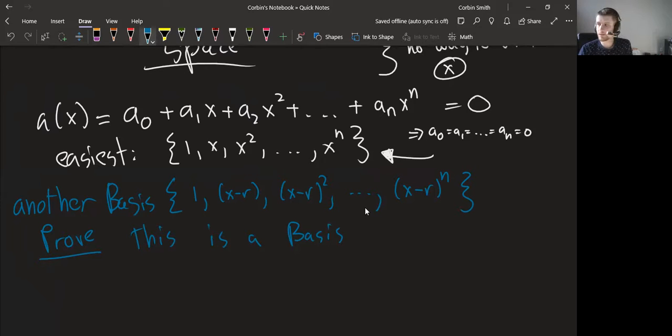We'll do an easy example and we'll see our Pascal upper triangular matrix coming in. Someone proved for me that this is a basis. The proof is actually the exact same as the first one.